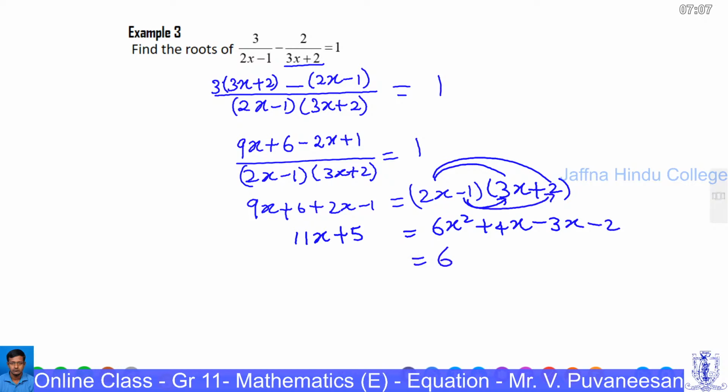This becomes 6x square plus x minus 2. On the other side is 11x plus 5.